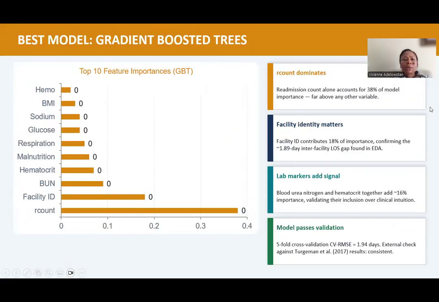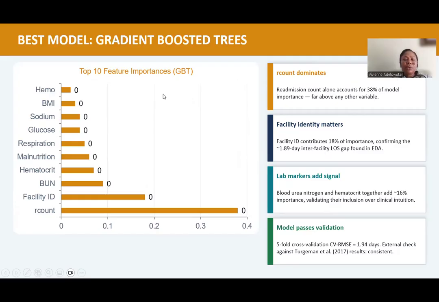Next slide. So here we can see that the gradient boosted trees was the best model for this project and is highly recommended for deployment. The feature importance plot confirms what EDA showed.